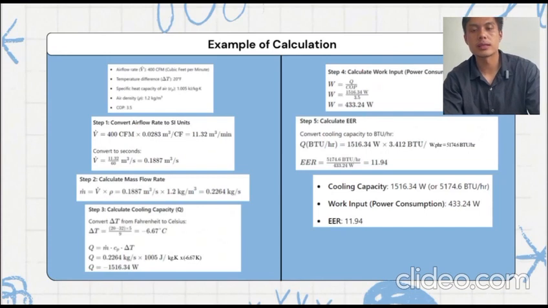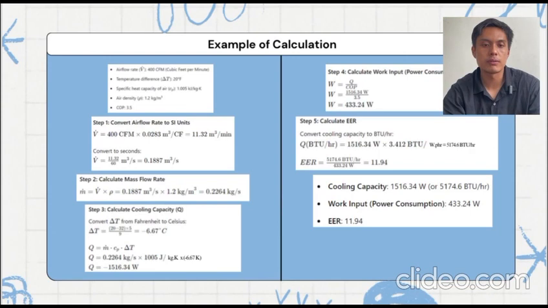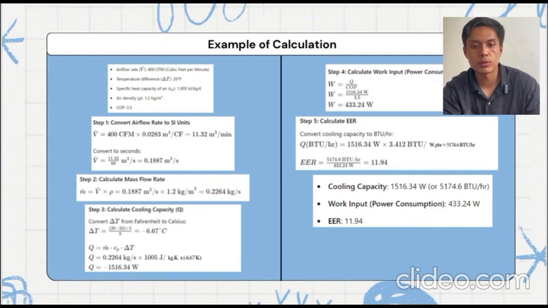So this is an example of calculation. Given are the values of airflow rate, temperature difference, specific heat capacity, air density, and COP. Step 1 is to convert the airflow rate to SI units and convert it to seconds. Step 2 is to calculate the mass flow rate, which is equal to 0.2264 kilogram per second.